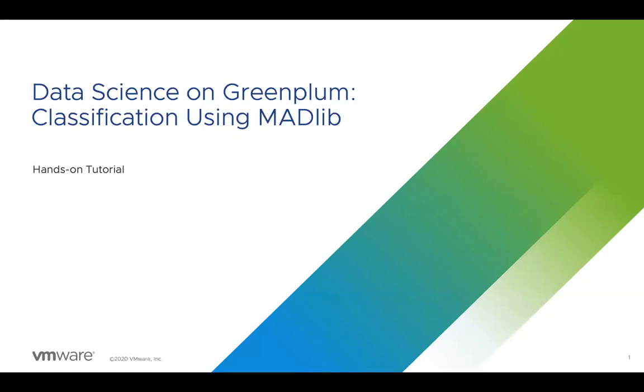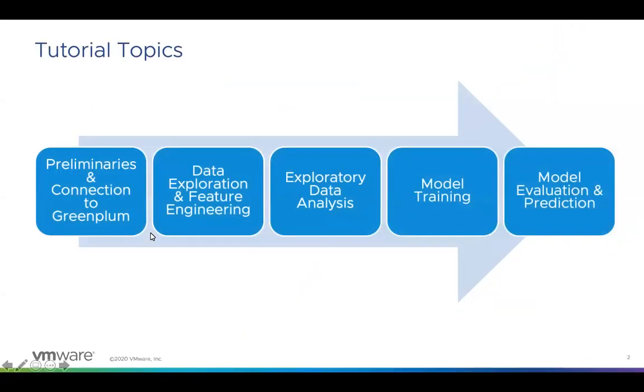And in today's hands-on tutorial, we're going to be walking you through some code and some concepts around the following topics. We're going to begin with some preliminaries and some information and code on how to connect to Greenplum. We'll follow that with some data exploration and feature engineering using SQL and some Python extensions.